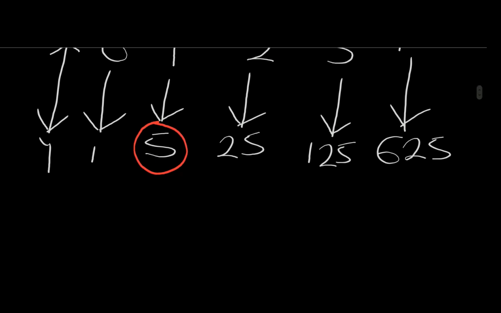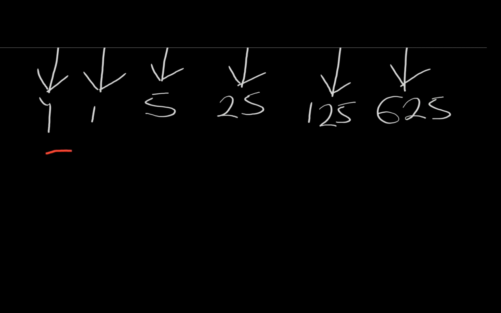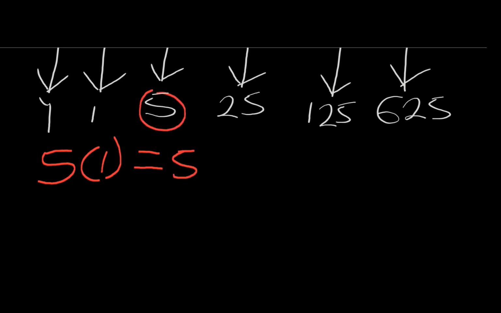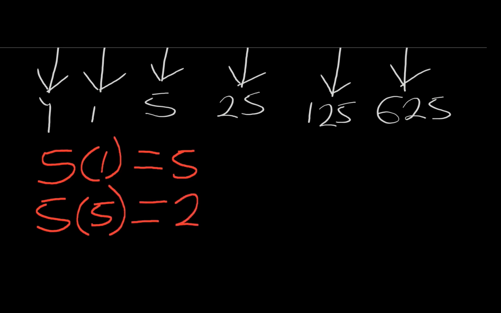Now, from here, which number do we use to multiply 1 to get 5? Clearly, the answer is 5. So, 5 multiplied by 1. The result is 5. To get the next term, we use that same 5 to multiply this term. So we have this 5 multiplying the second term, which is 5, and when we do that, we shall get 25.